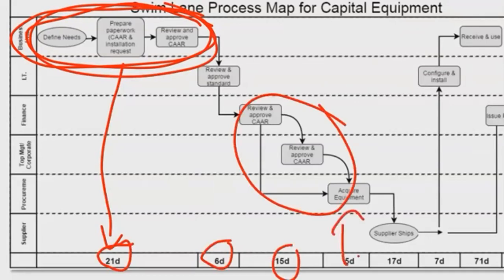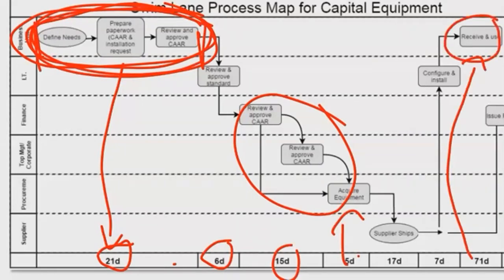But because the timelines are typically drawn to the scale of the actual steps as drawn out, team members can sometimes slip into the trap of not seeing very impactful steps that are just a single box. And so in this example, while 21 days accounts for these 3 steps, 71 days accounts for this very small receive and use step.